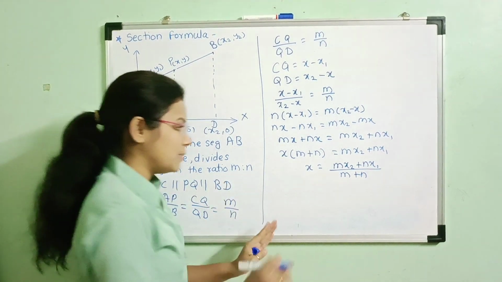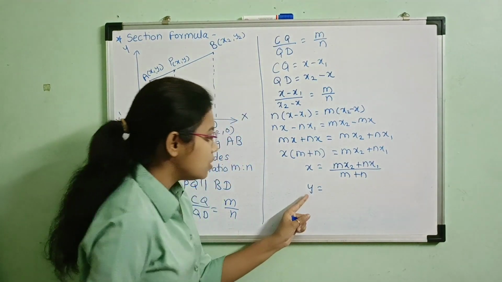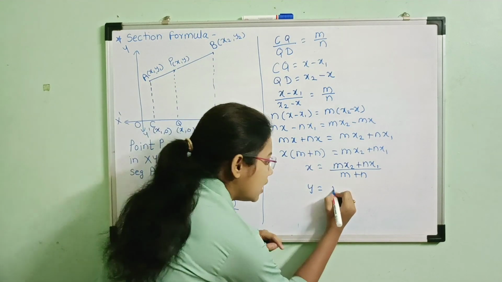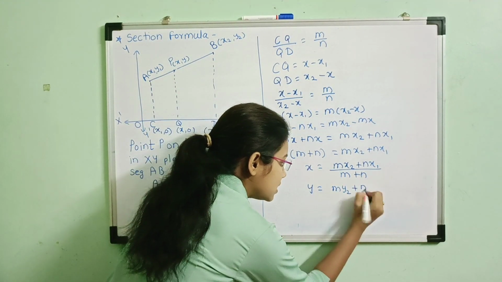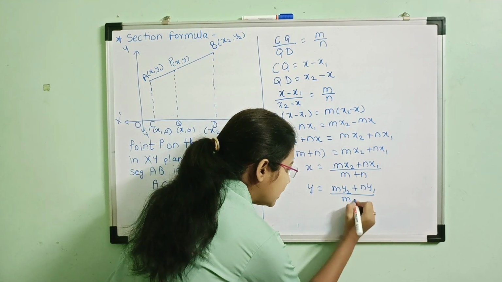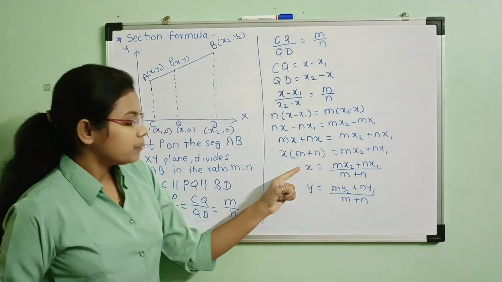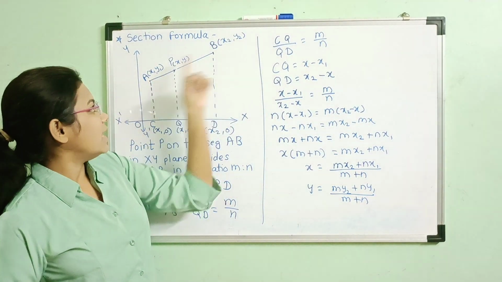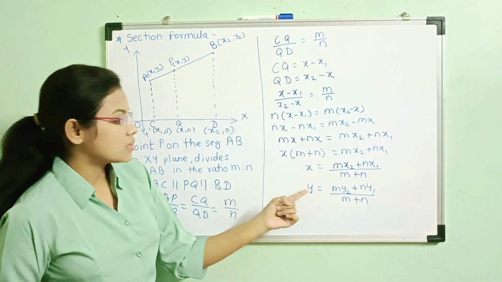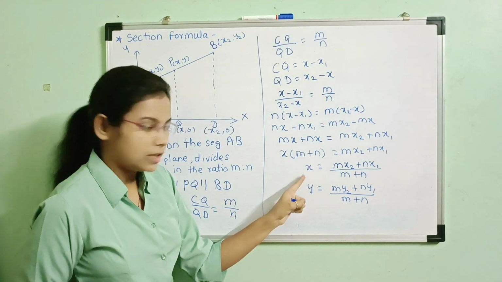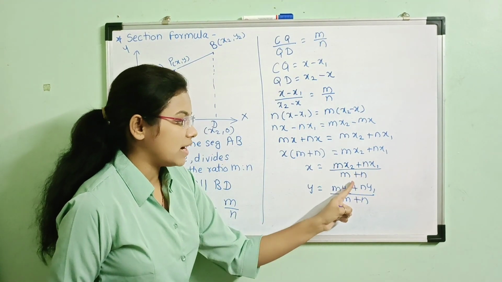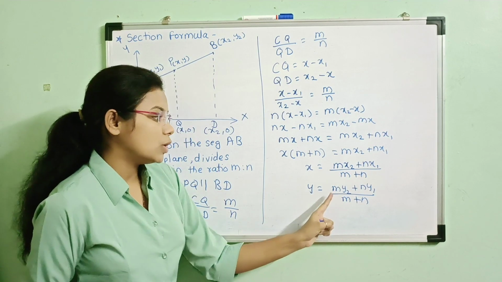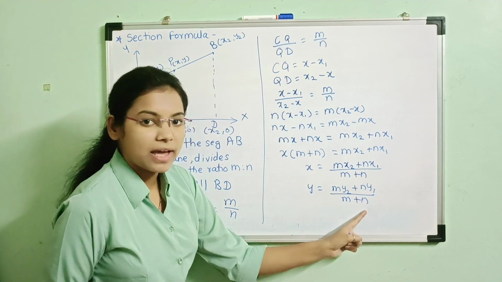What you will get, similarly you can find out this one also. So similarly what you will get, (my2 plus ny1) divided by (m plus n). So the point P which is dividing the line segment AB, its coordinates will be x equal to (mx2 plus nx1) divided by (m plus n) and y equal to (my2 plus ny1) divided by (m plus n).